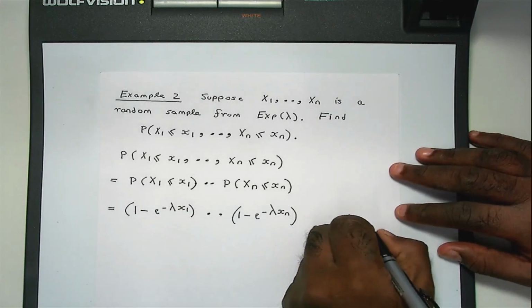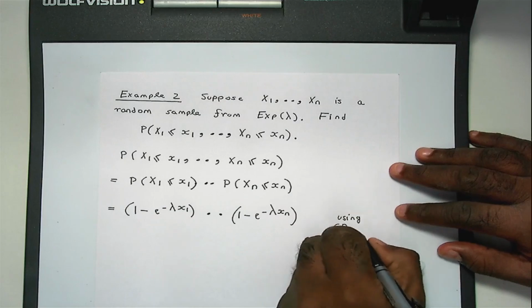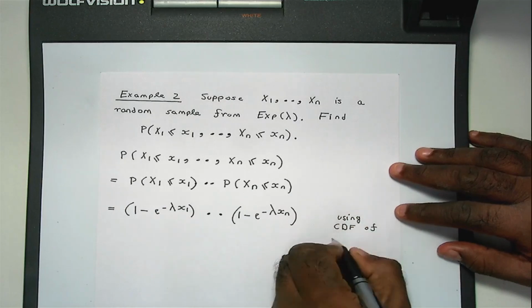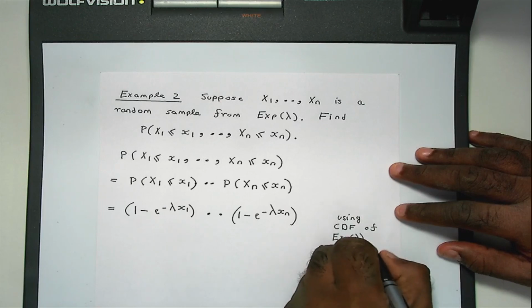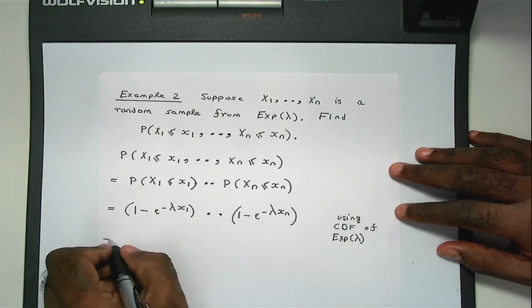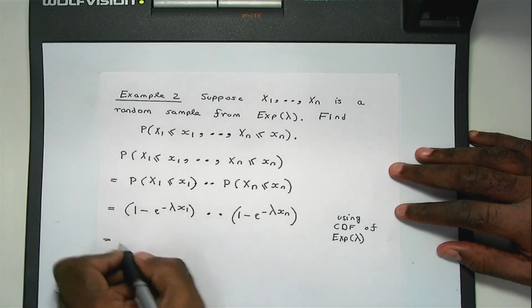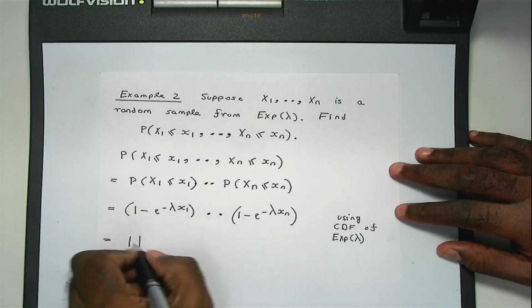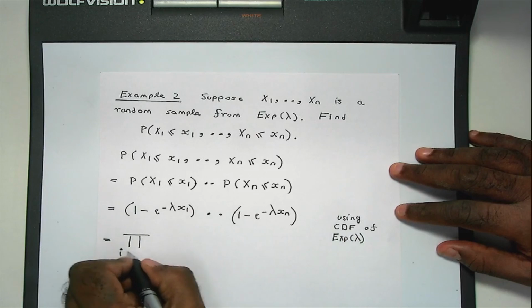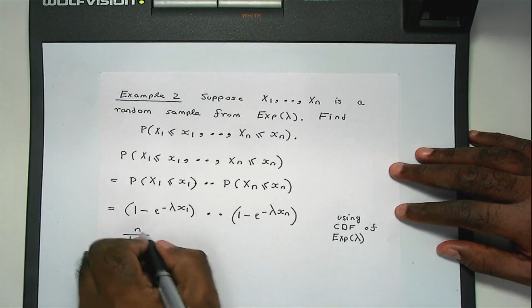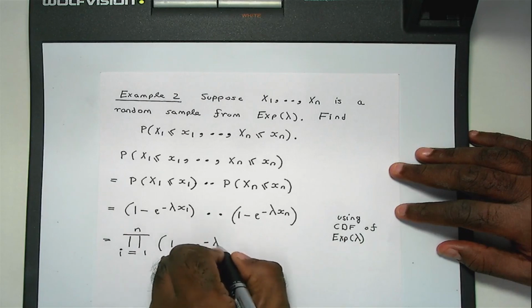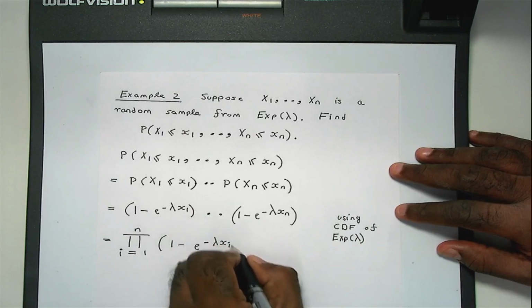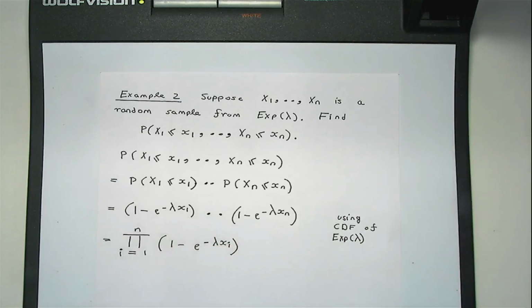So this you can rewrite as the product from i equals 1 to n. So this completes example 2.